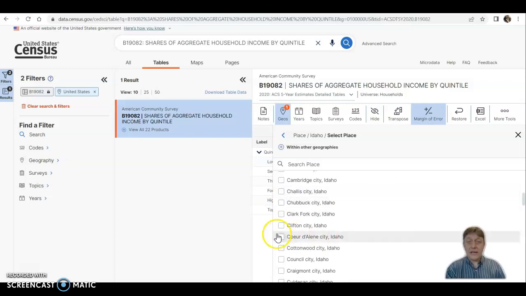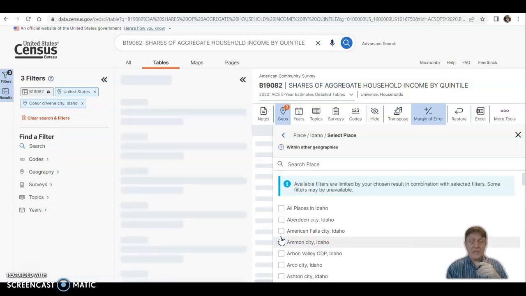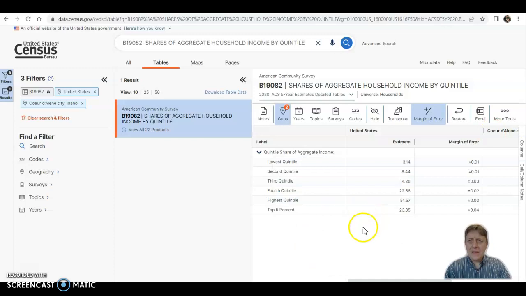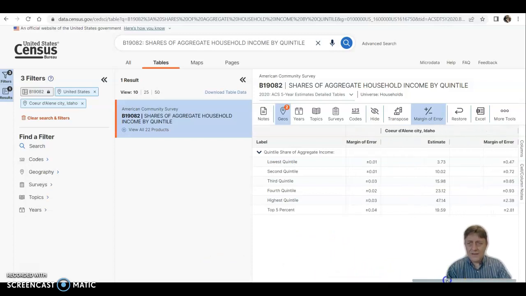So I could look at Coeur d'Alene, a place up in the panhandle of Idaho. And that's just my selection, almost arbitrarily. You can do this for almost any town in the United States. And you'll notice that now I have information for both United States and Coeur d'Alene, right?